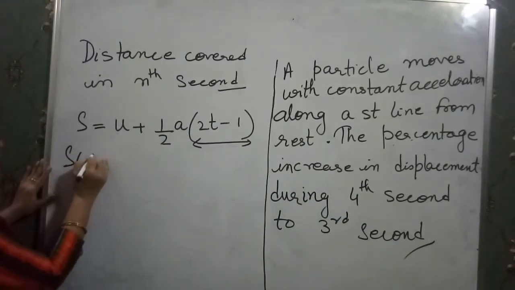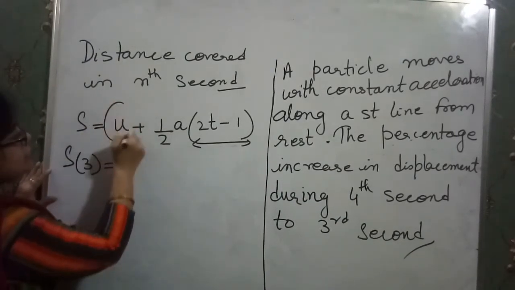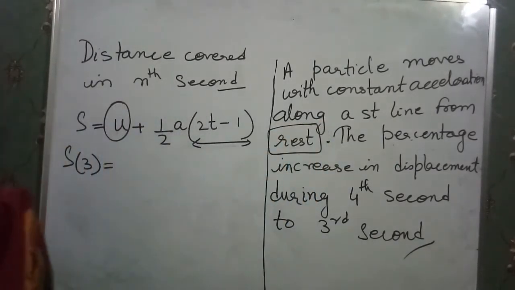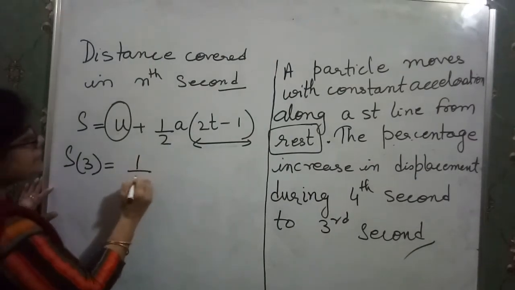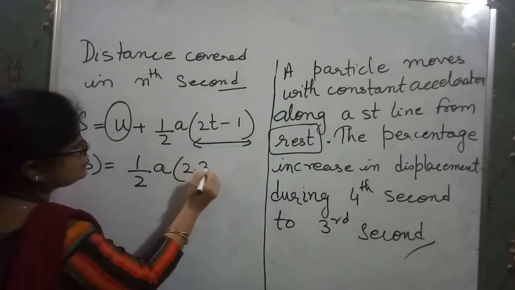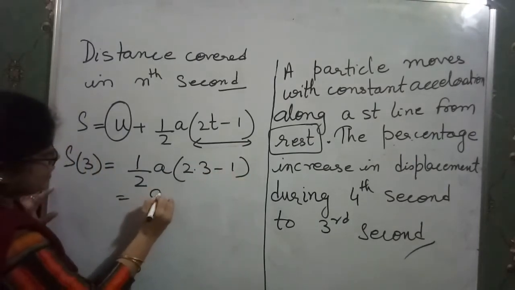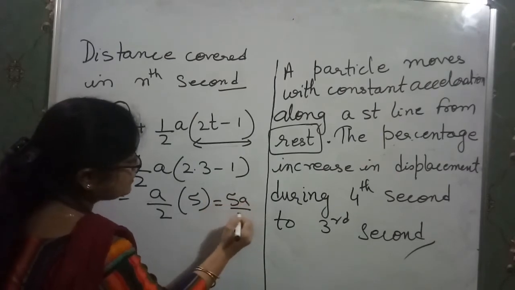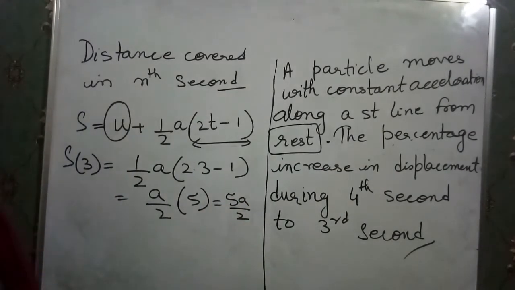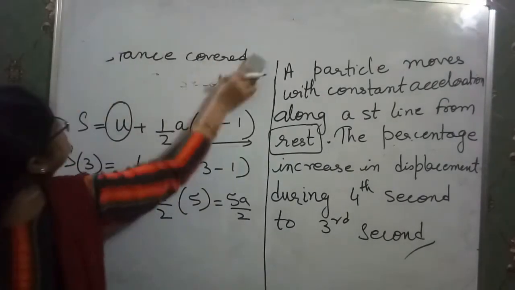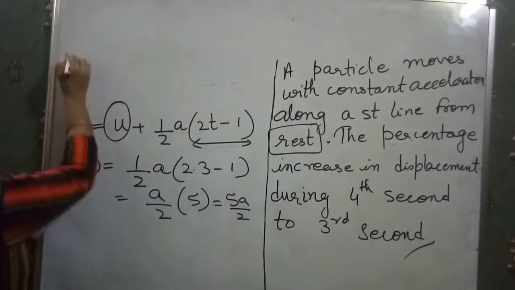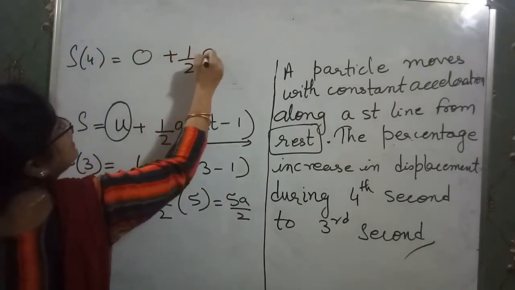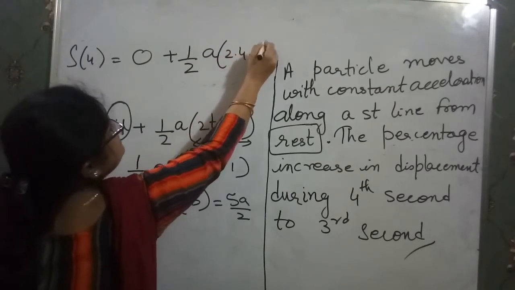Distance covered in the 3rd second. As we know, the initial velocity is 0 because the particle starts from rest. So we have half a into 2 into 3 minus 1. We have a by 2, 6 minus 1, that is 5. So we have 5a over 2. Clear? Now for the 4th second, we have initial velocity 0, half a into 2 into 4 minus 1.